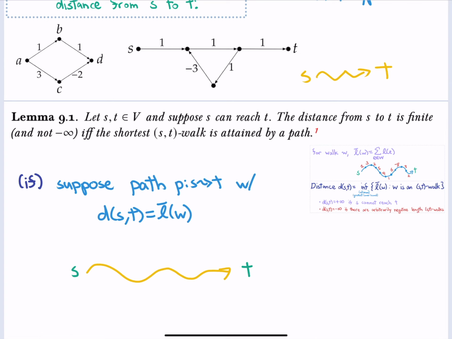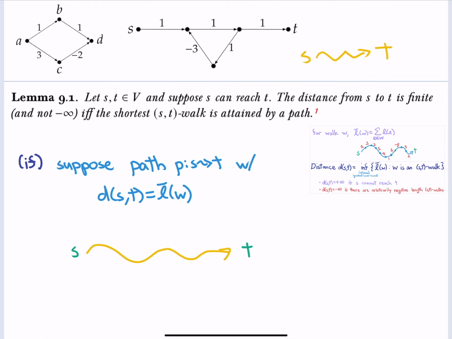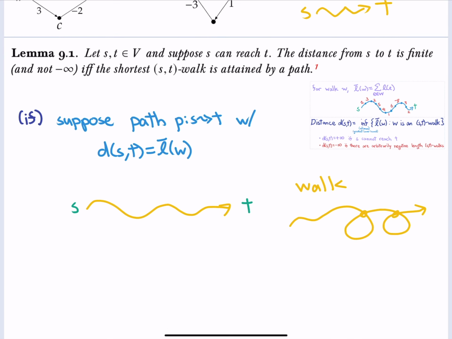A walk is just any way to get from S to T, but it can repeat. It can revisit the same vertex. A path is like a walk, except we're not allowed to repeat vertices. So a walk can go like that, where I'm revisiting that vertex and that vertex, but that's not a path.